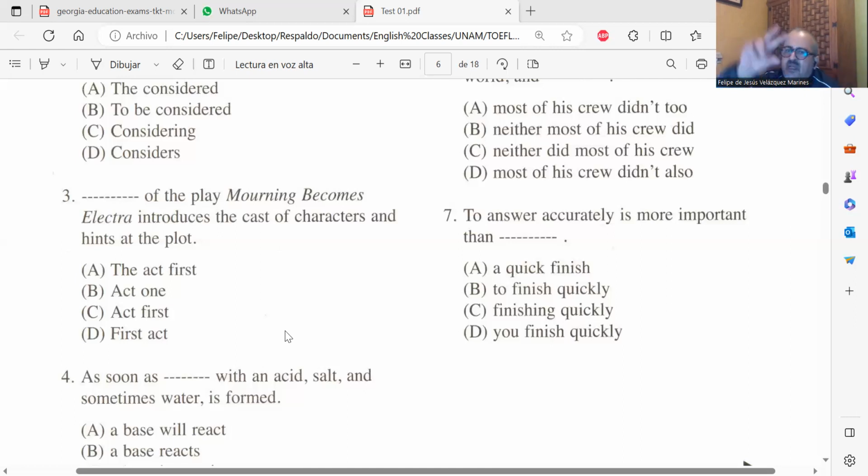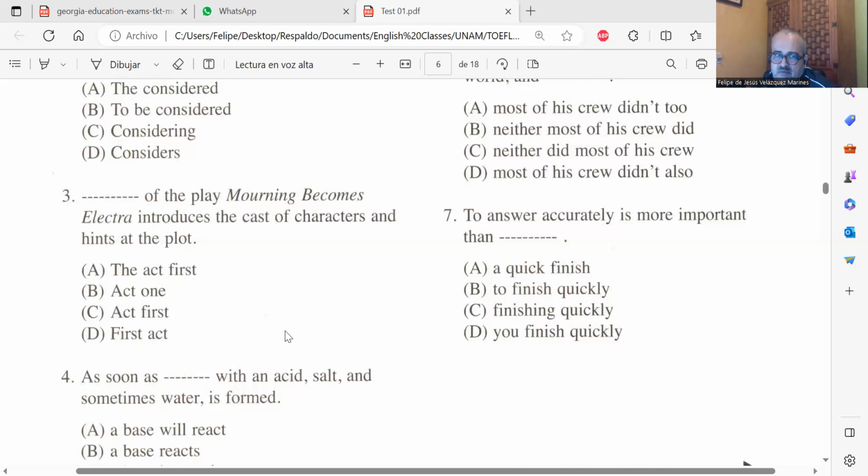What is the name of the brand of that famous popcorn? Act 2. Act 2. Yes. So what is the answer? The act. First act. The answer is Act 1.